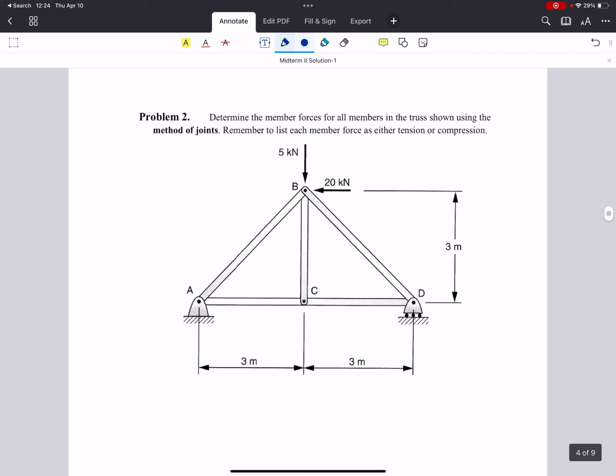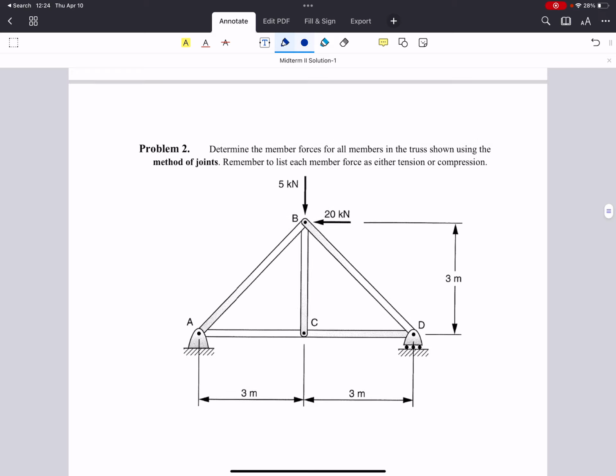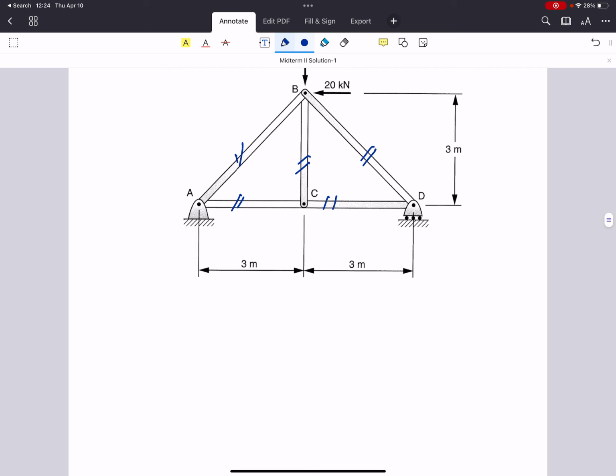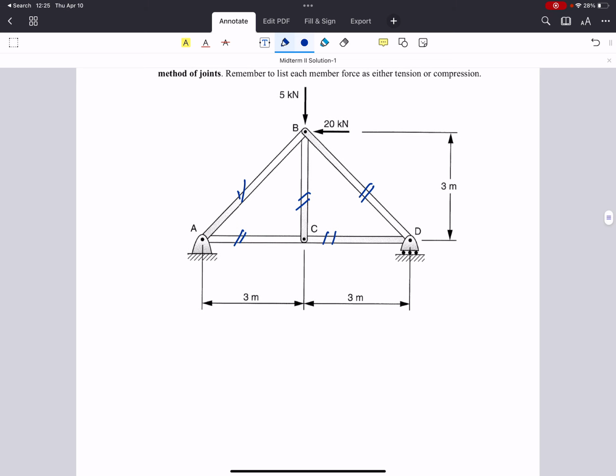The next problem we had was this truss. For the truss, we want to find the forces in all members. This one, this one, this one, this one, and this. We have 5 members, right? Initially, we have to find the support reactions.